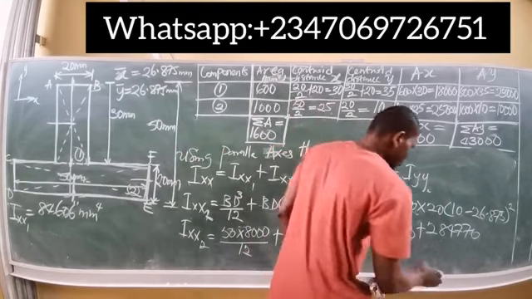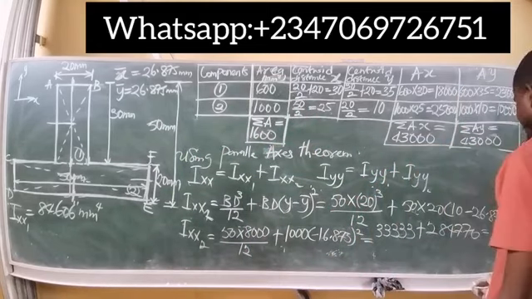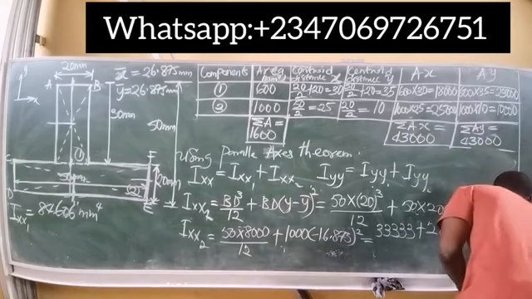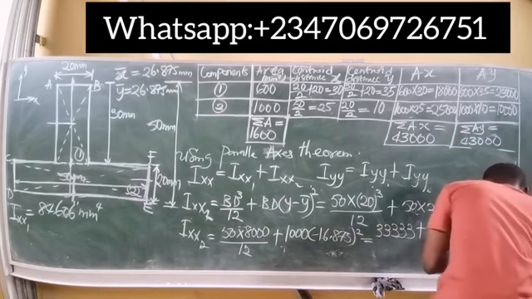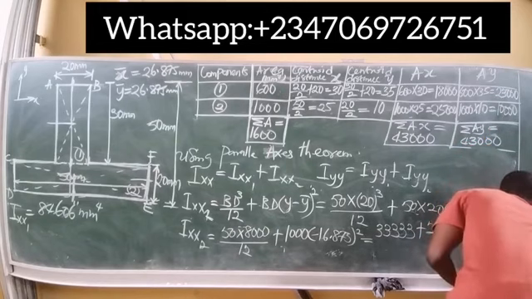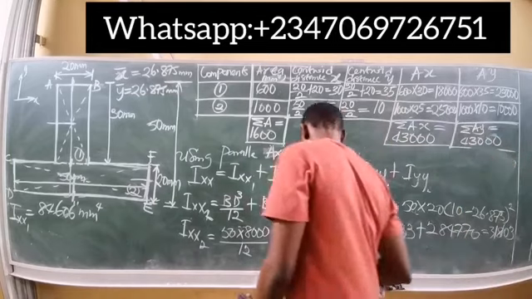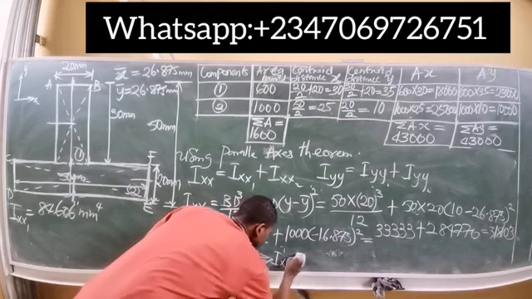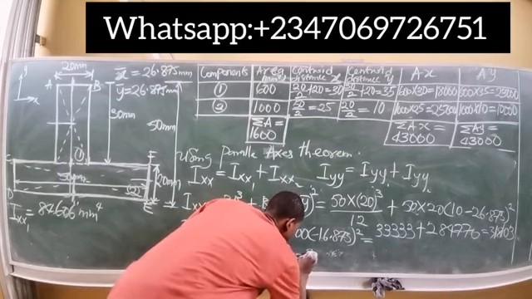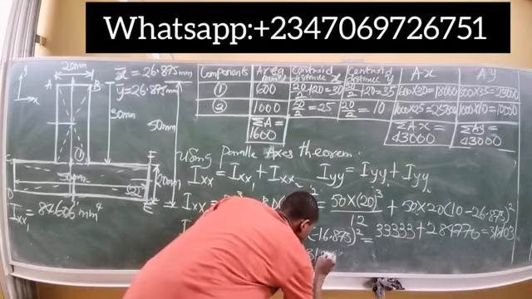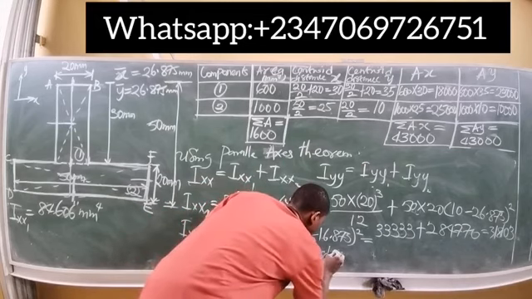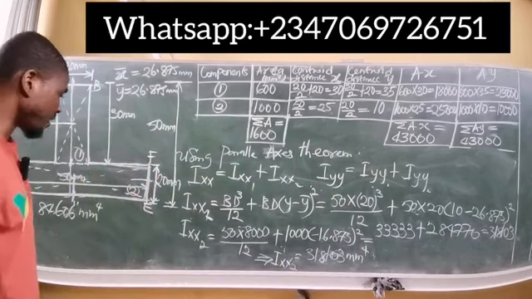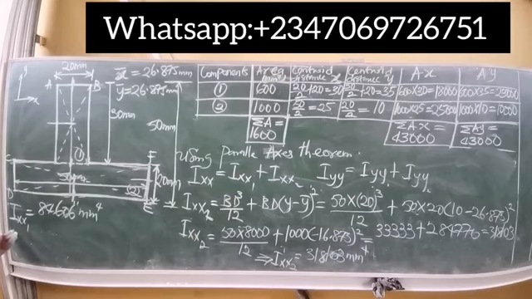So if you add that together, 284770 plus 33333, that gives us 318103. All right, so the moment of inertia for the second segment, Ixx2, is simply 318,103 millimeter to the power of 4. That gives us Ixx2. So we can put that down here.